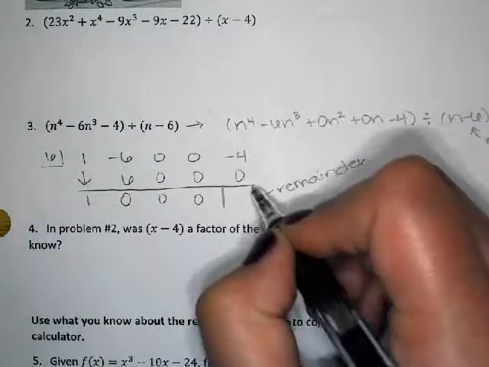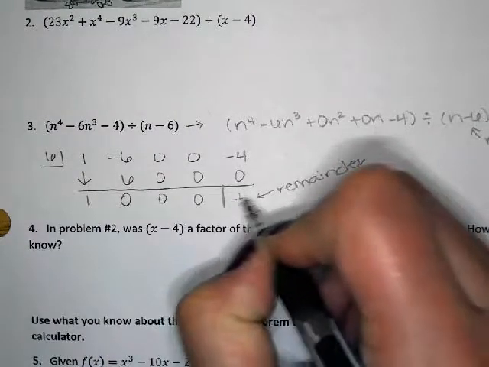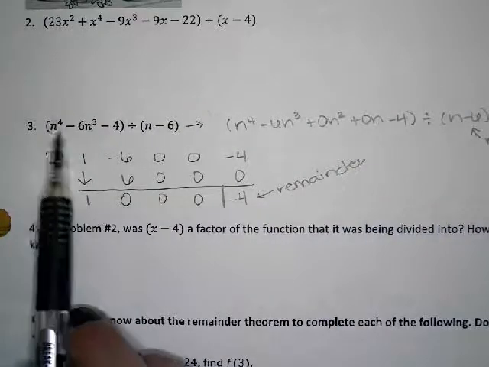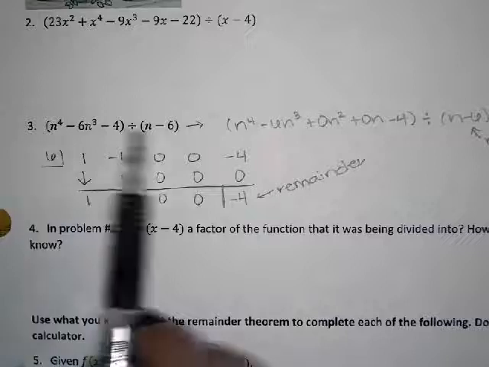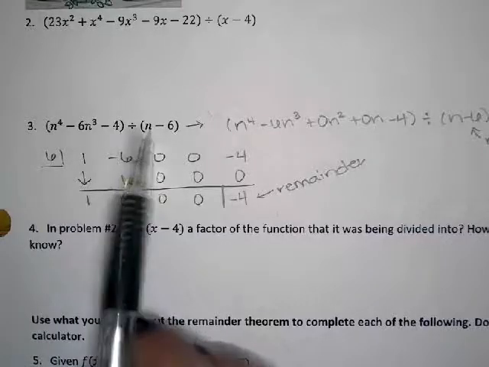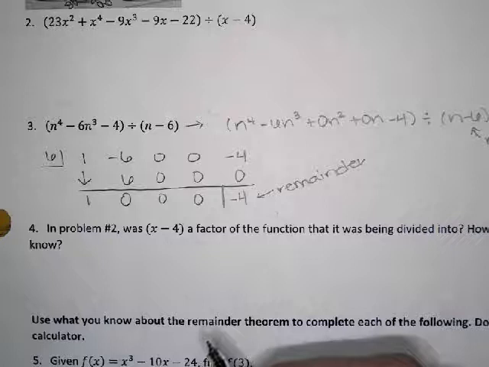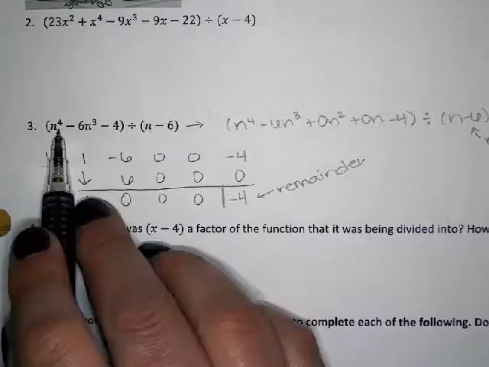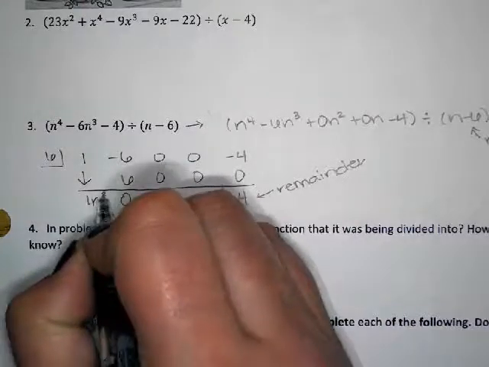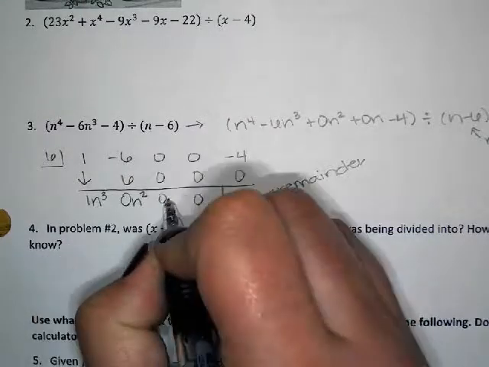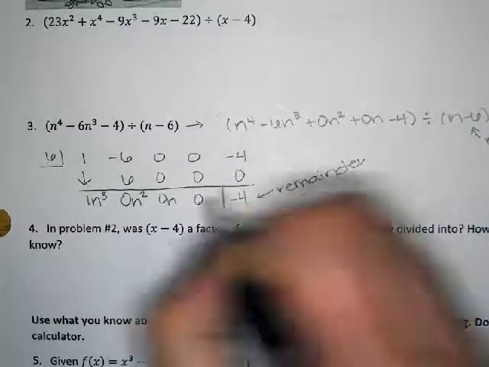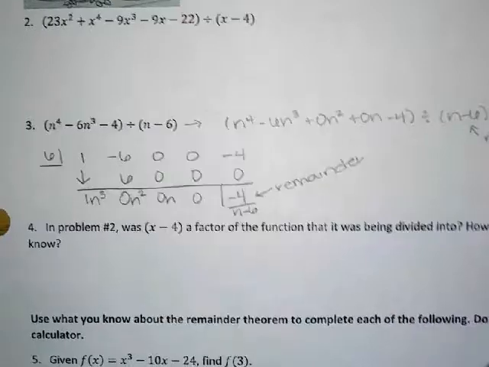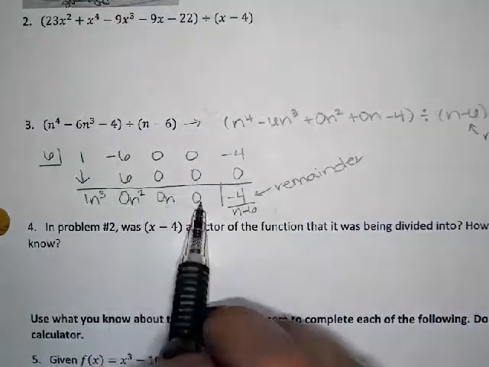So n to the 4th divided by n is n to the 3rd, n squared, n, no n, and then this one is still going to be divided by n minus 6. Now, with all the zeros, we don't have to even write those down in our answer. So what should we write for our answer?